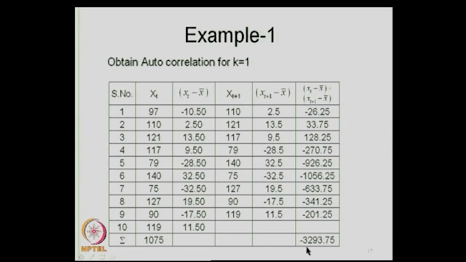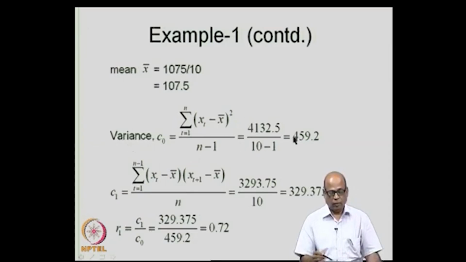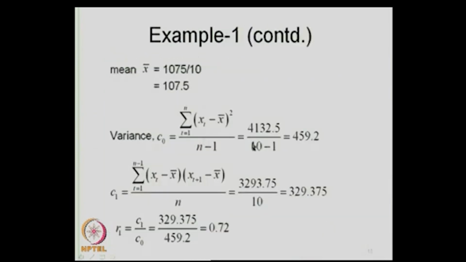And from this summation we get the covariance, that is autocovariance, as we get the variance first as 459.2, and similarly we get the autocovariance at lag 1, which is C k, as 329.375.